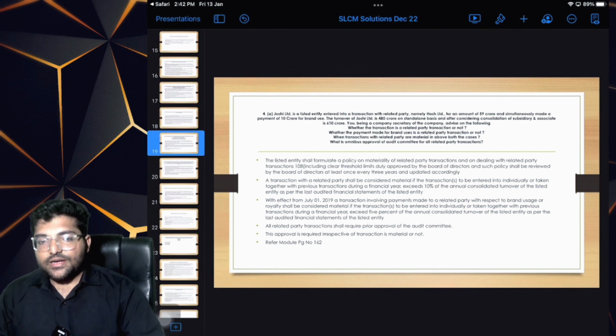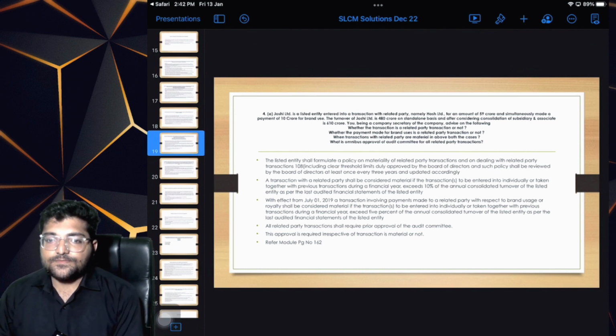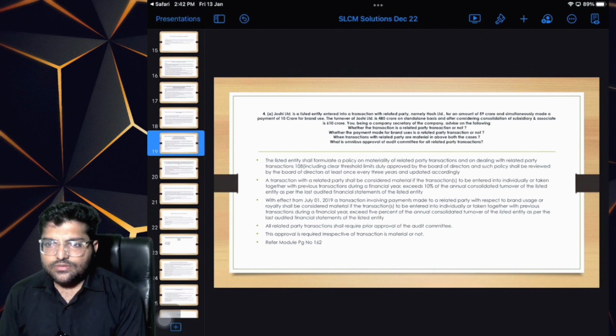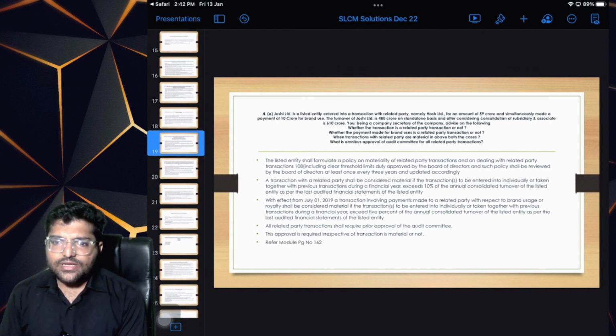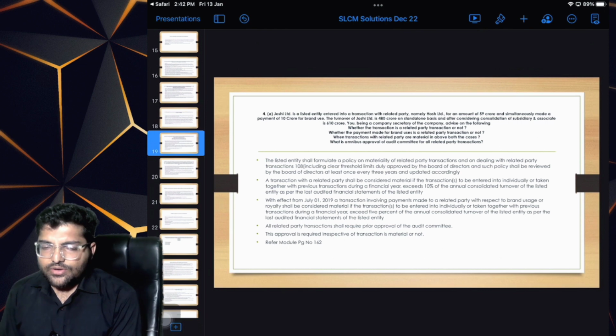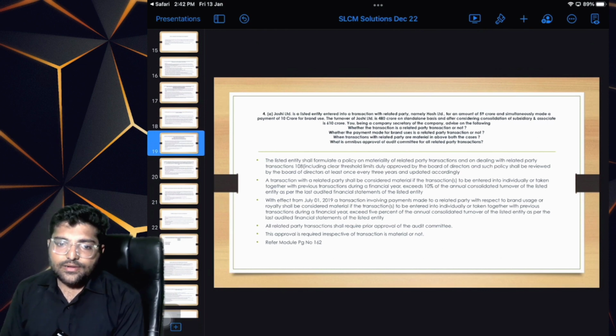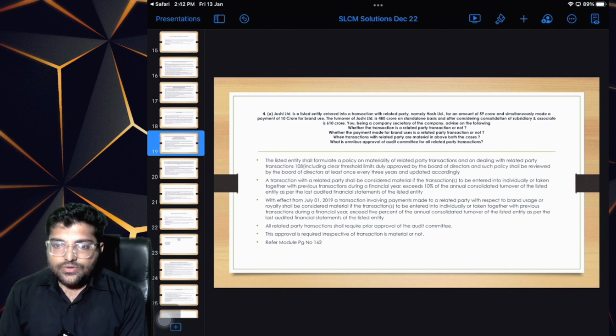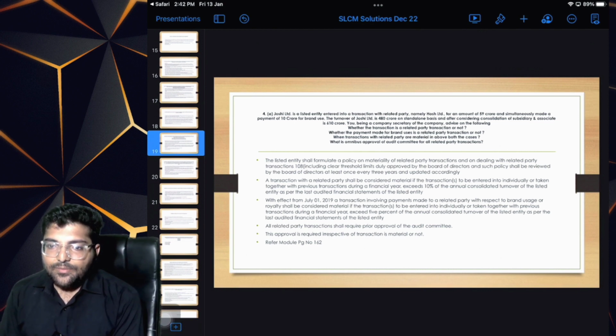So yes, it is a very good question. Over here, you need to see that you have made the payment of 59 crores and 10 crores, which is a sum totaling 69 crores, and the total turnover on a consolidated basis is 610 crores. So it is exceeding the 10% limit. So yes, it is a related party transaction.